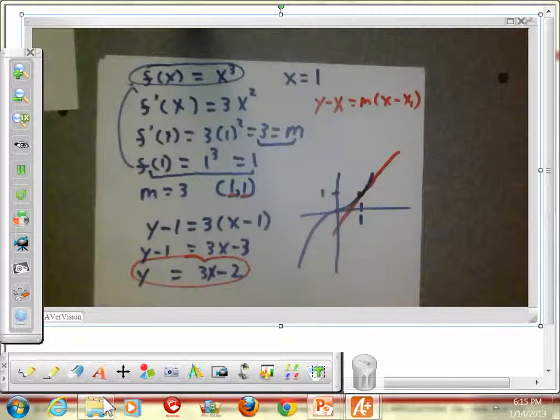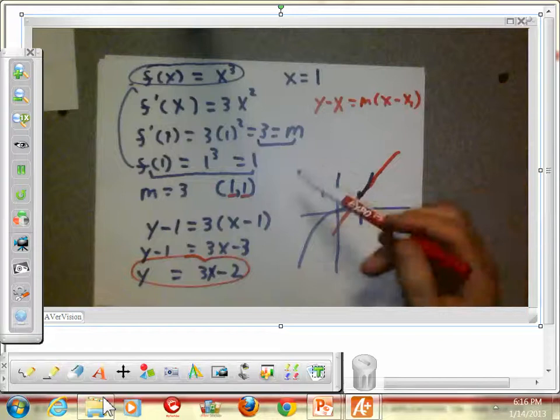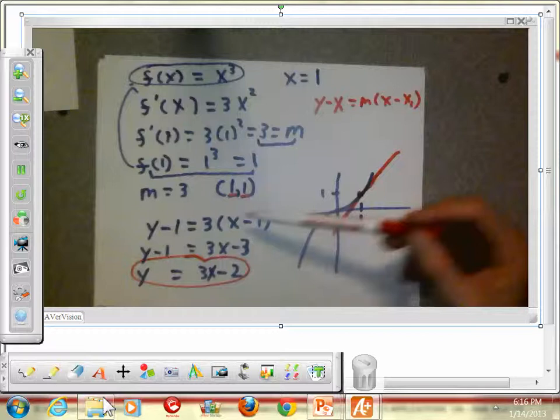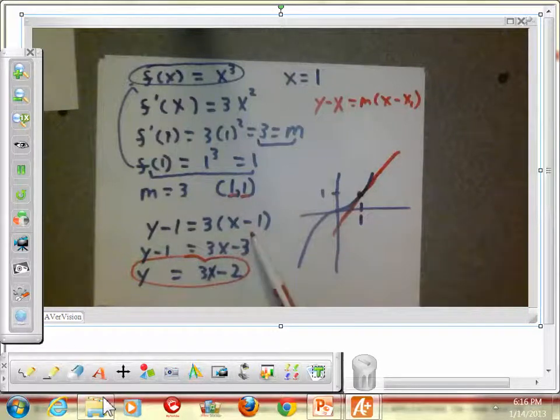No, I wasn't using y equals mx plus b. I simplified it in order to get y equals mx plus b. Okay? Say that again? Well, I can discuss that more afterwards, if you'd like to see me after, but the most straightforward way to do it is to plug it into this formula, and if you want to find out what y equals mx plus b is, you would just simplify it to get it like this.